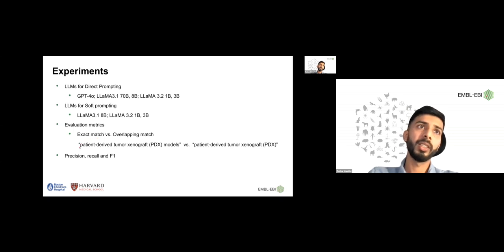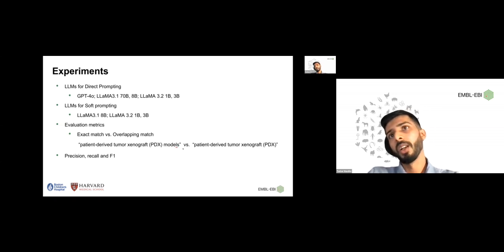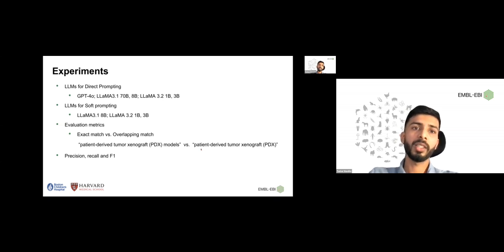That means if this is the labeled entity, the output or the response from the model should exactly match. If it doesn't, it will not be considered a match. And then a bit more lenient match strategy, which is overlapping, which allows partial matches. And then we measured these matches using precision, recall and F1.